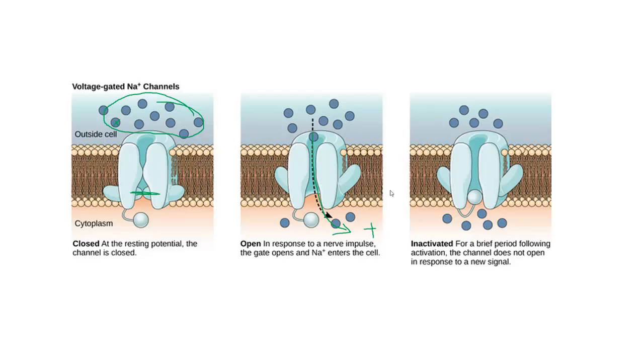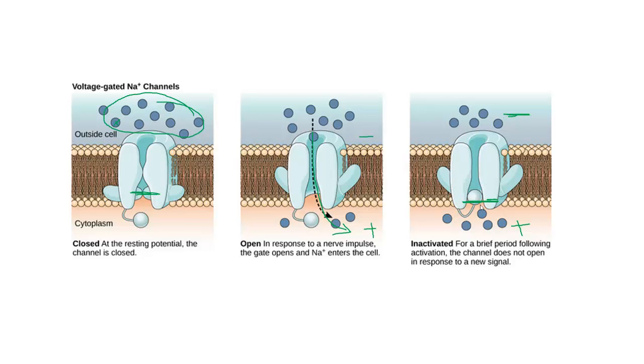The inside becomes positive, the outside becomes negative. When the sodium gates close, the sodium ions remain on the inside. The inside's still positive, the outside is negative.